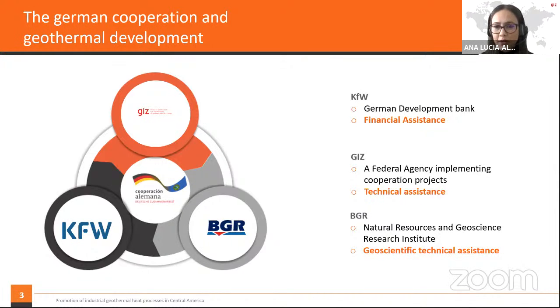GIZ is part of the technical assistance in the region, but we work together with 2 other brothers, you may say, in the German cooperation: KfW with the financial assistance with the German Development Bank, and BGR, which is also in technical assistance like us, but more focused on the geoscientific technical assistance. They are the Natural Resources and Geoscience Research Institute.